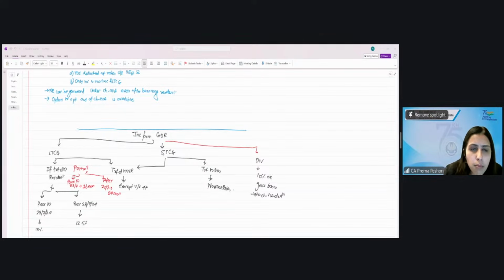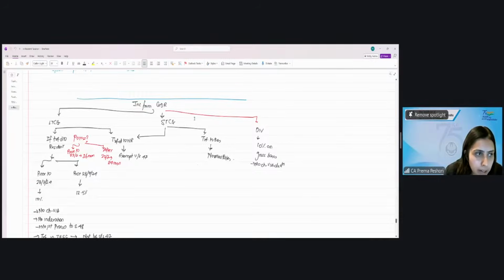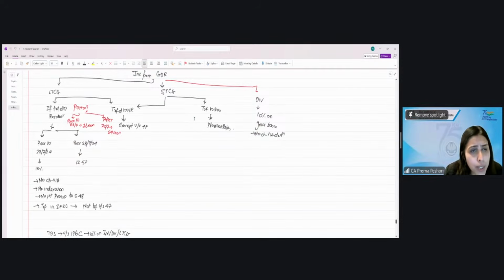So where the total income of a non-resident includes interest on the bonds of an Indian company, or income by way of dividends on the GDRs, or income by way of LTCG, then the tax rate shall be 10% if it is prior to 23rd July.